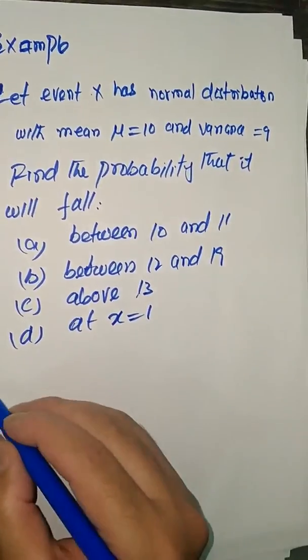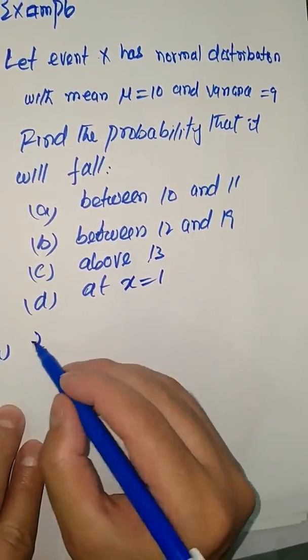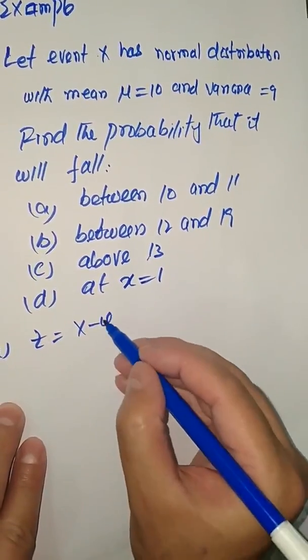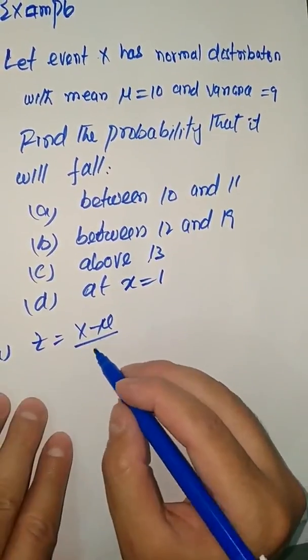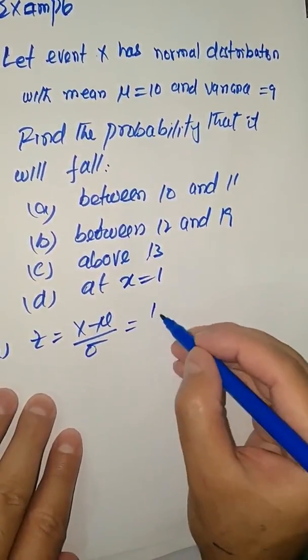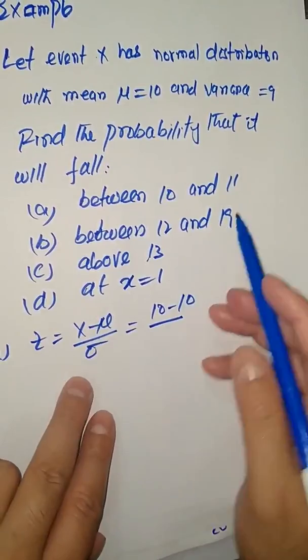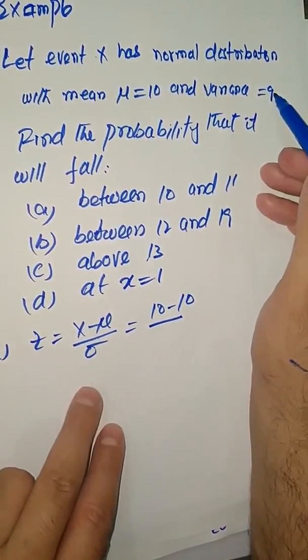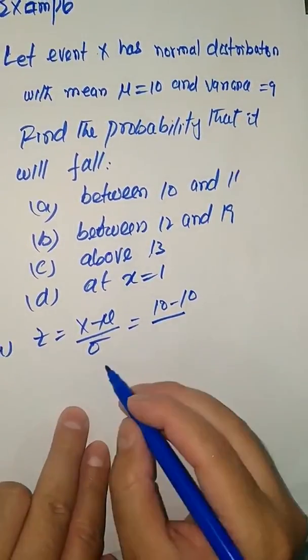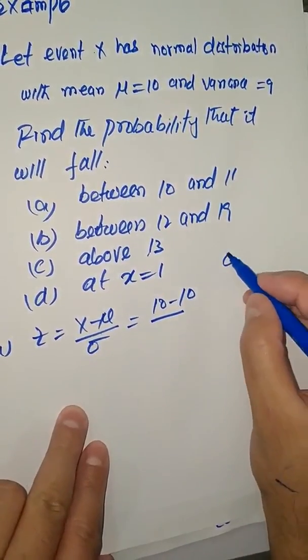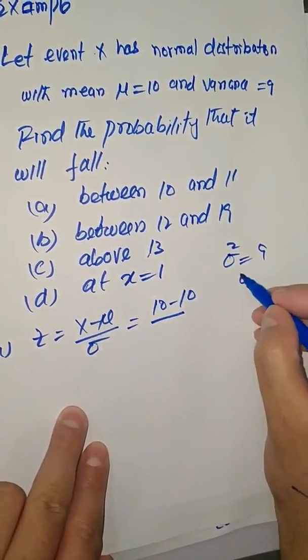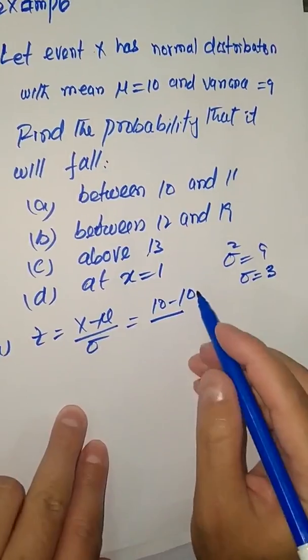So in first case, z would be equal to x minus mu divided by sigma, 10 minus 10 divided by, so here the variance is 9. So the standard deviation sigma would be 3.